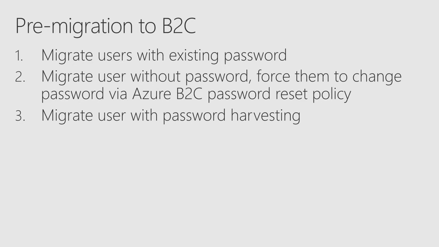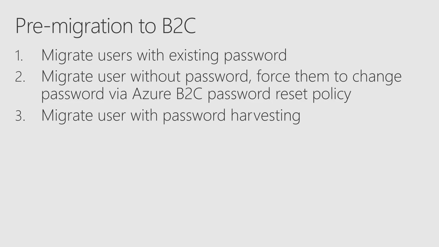In all scenarios, we first need to migrate the users, okay? In the first two flows, we run a pre-migration process. I mean, we read all the users' data from the old identity provider and we create a new account in Azure B2C.